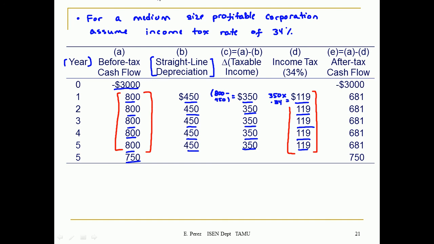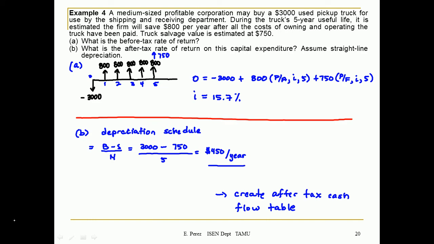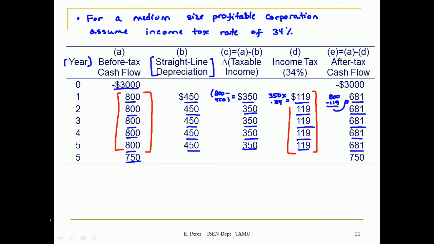So if you subtract $119 from 800, that will give you this amount. And that is your after-tax cash flow. Okay?